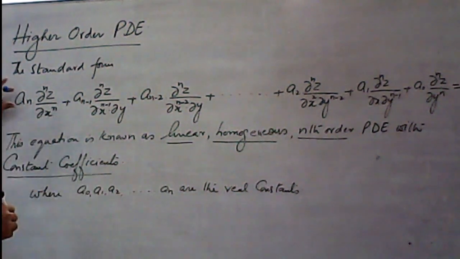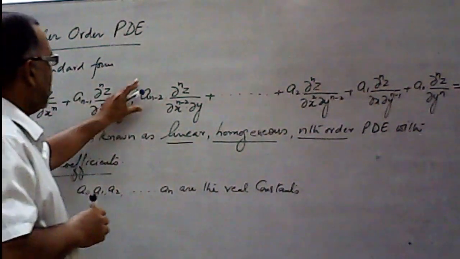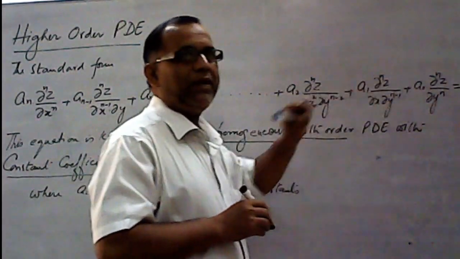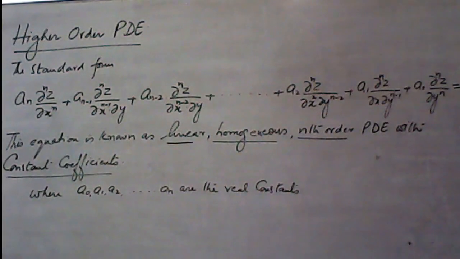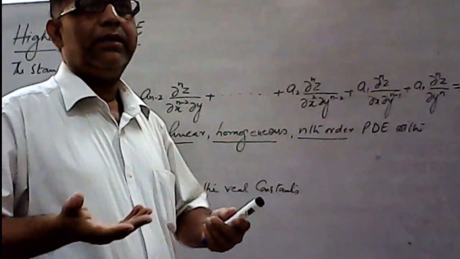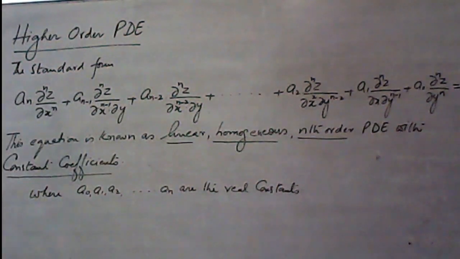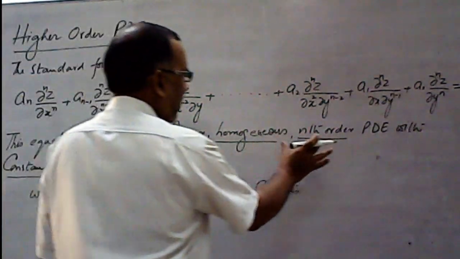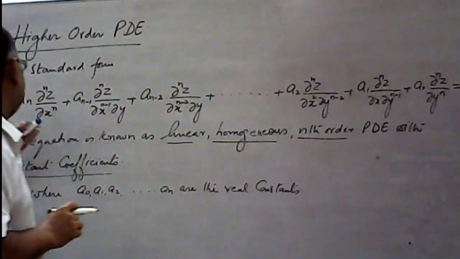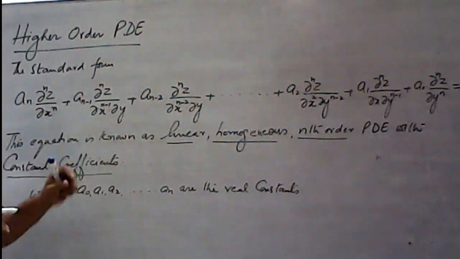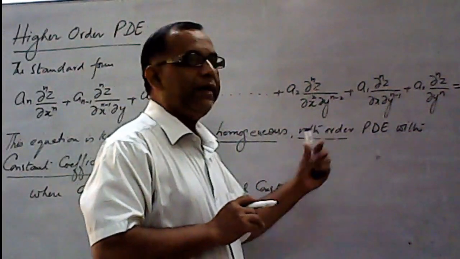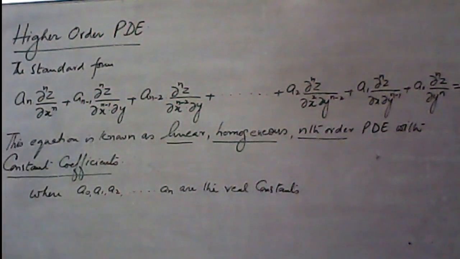Constant coefficients means these a_(n-1), a_(n-2), a2, a1 and a0 will all be real constants, generally numbers. Then nth order means the highest order of the derivative is n.